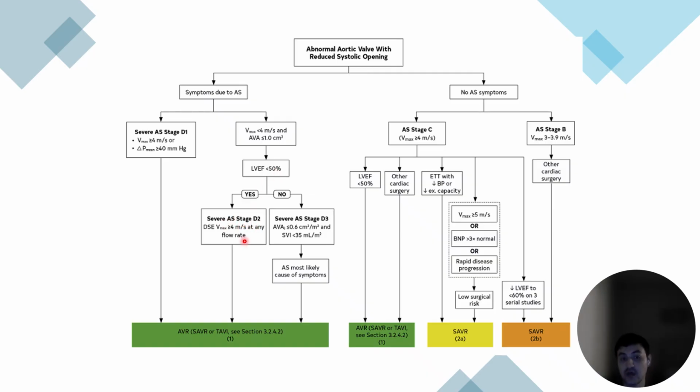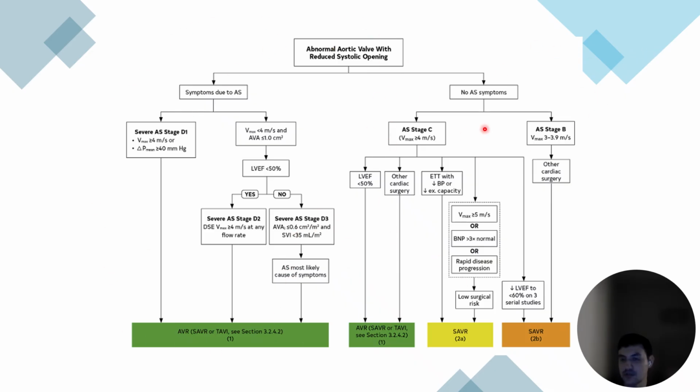Stage D2, you do a dobutamine stress test, and if that is positive, you do valve replacement. If the ejection fraction is normal, meaning stage D3, you usually do a CT. If the CT is severe, you may replace the valve. All the D's here, replacement.